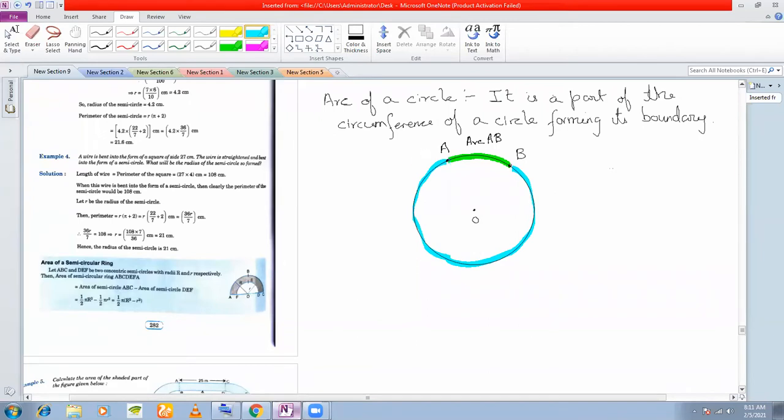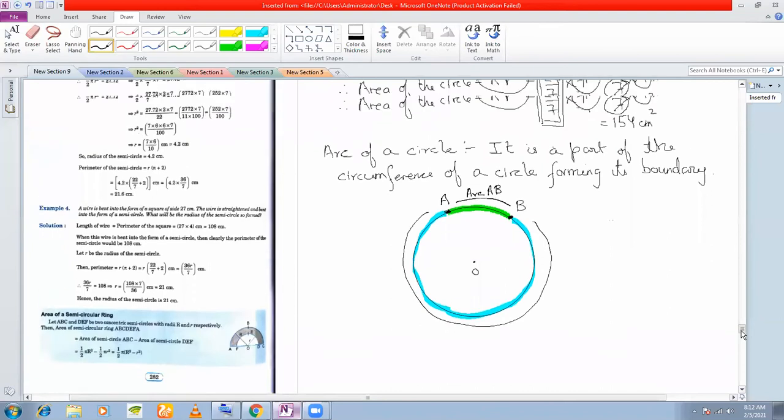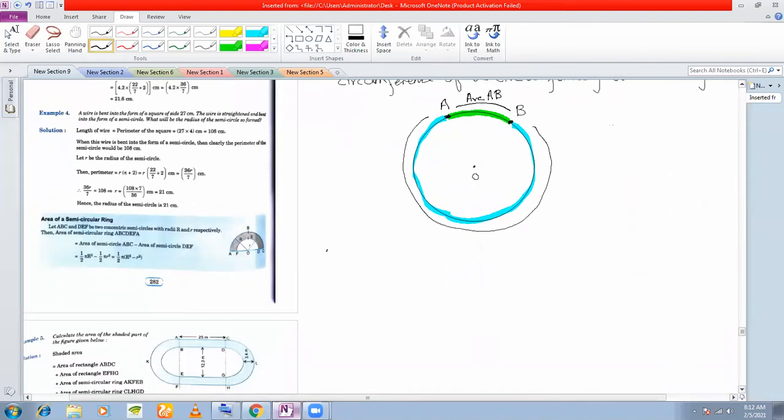So if you take 2 points, A and B, any 2 points on the circle, you get arcs. This is an arc, and this is also an arc. So any small part of the boundary of a circle is called an arc. Now we define what we call the major arc and the minor arc.